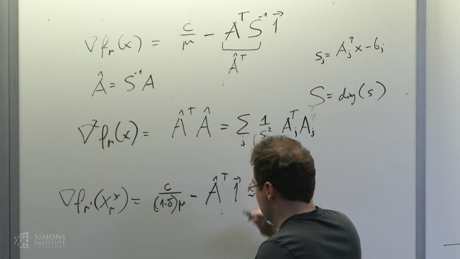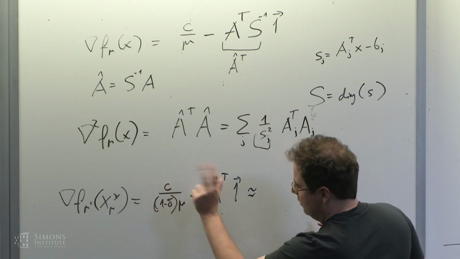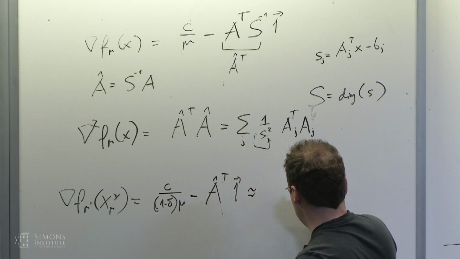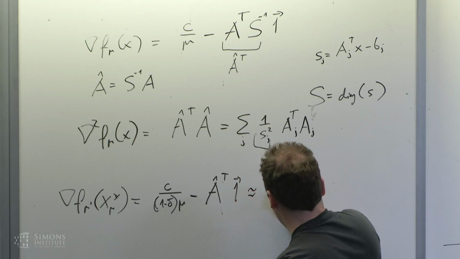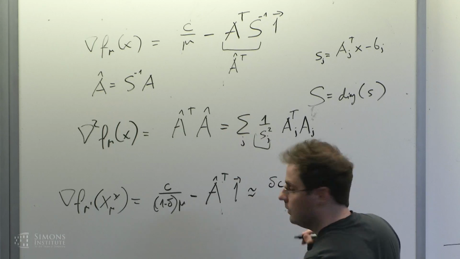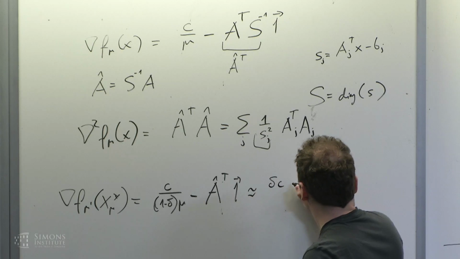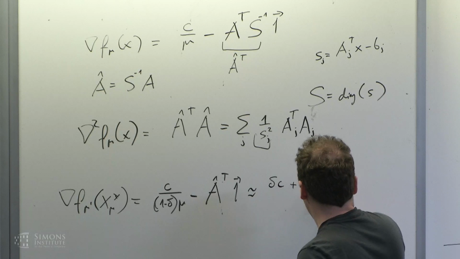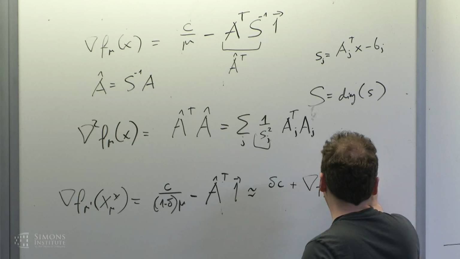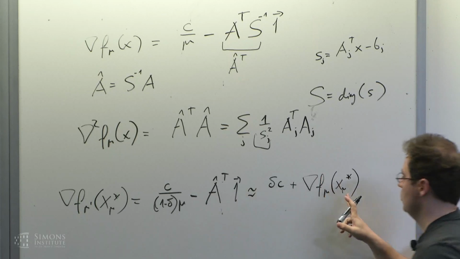Now I will just cheat a bit because I don't want to deal with the exact math. I can write it as delta times C plus the gradient of f mu at the point x mu star.